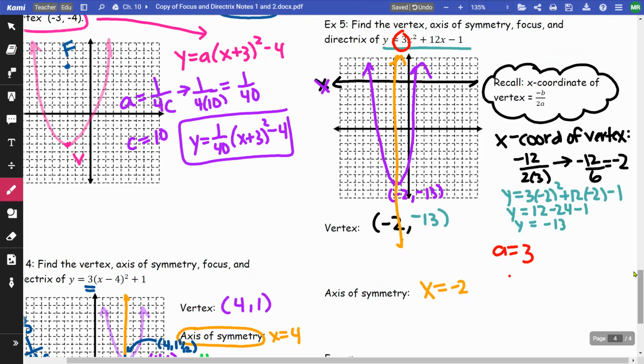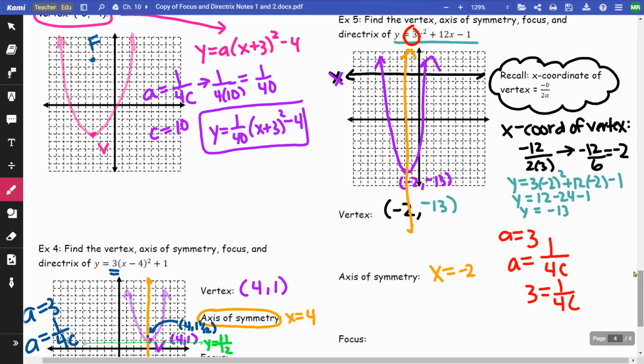And I know that A is equal to 1/4C. So I can solve for my C. So 3 is equal to 1/4C. I'm going to cross multiply. I get 12C is equal to 1. So C is 1/12.